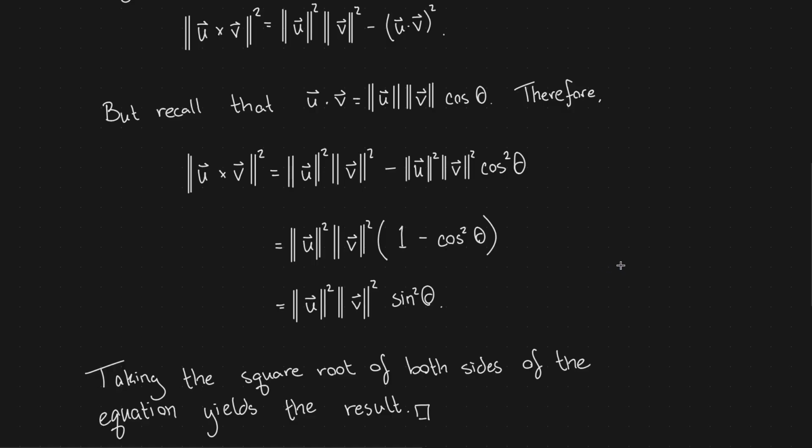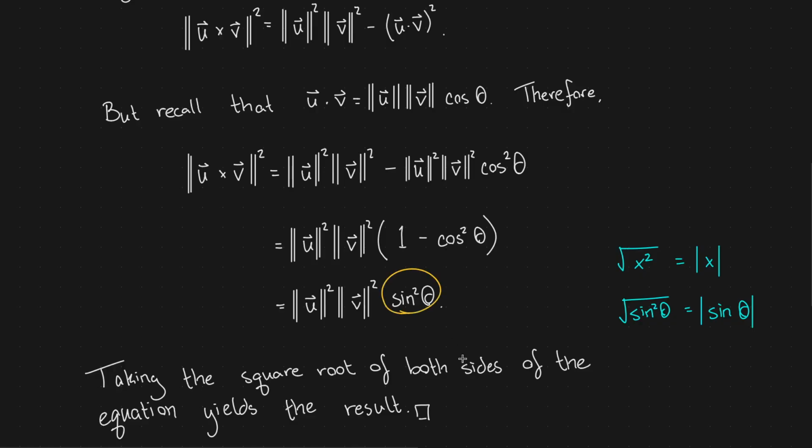Because if I take the square root of x squared, generally I get the absolute value of x, not necessarily x. So if I take the square root of sine squared theta, I would get the absolute value of sine theta. Now I don't have to worry about the norms because the norm's already positive. The absolute value is not going to do anything.